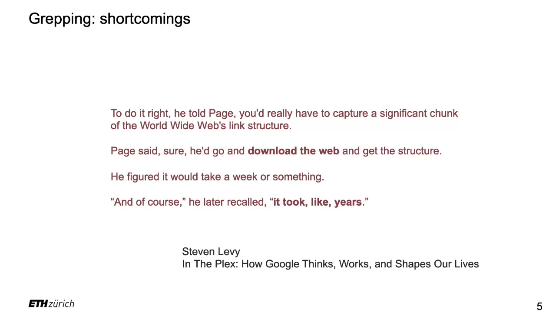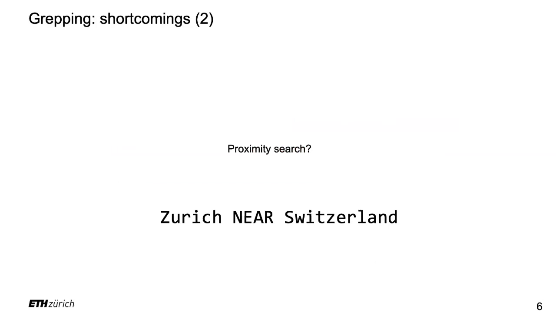But they did it. They did manage to download the web and even build the structure and see what it looks like on top of it. But it's not trivial. You cannot just snap your fingers and that's it. You have downloaded the web and you grep it. Proximity search would correspond to queries that look like this, where you could have a keyword near that says that must be near Switzerland.